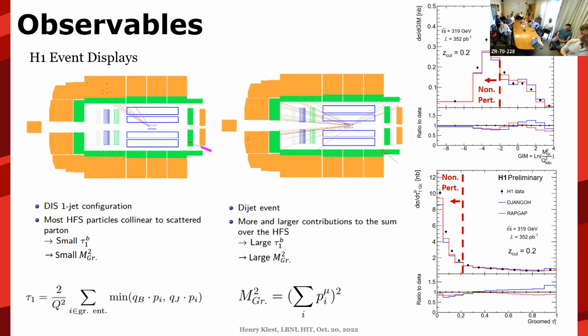And then in the one-jettiness spectrum, there's a long tail that is also corresponding to those same events. So really, these two observables are just two different ways of collecting the information about the shape of the distribution of particles that you have after the grooming. So we have a single jet event and a multi-jet event: high tau 1b, high groomed invariant mass in the multi-jet event, and small in the single jet event.